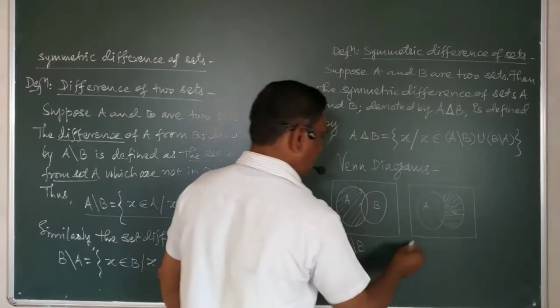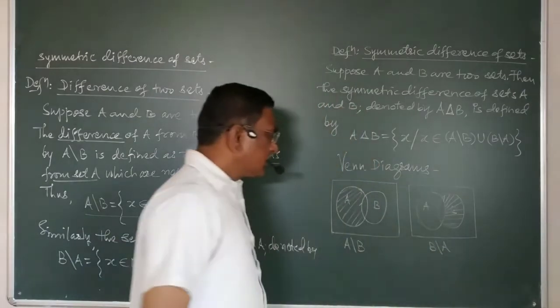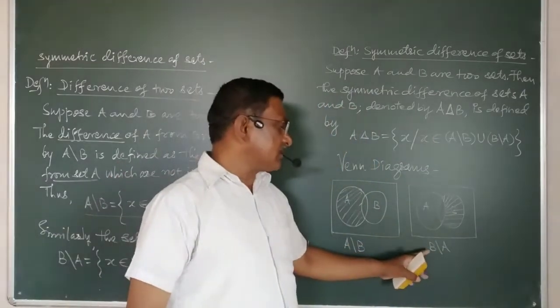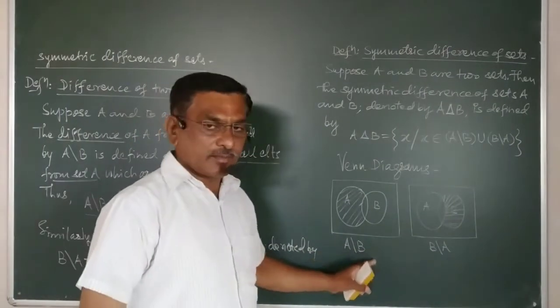This is B slash A, the set difference of B from A. This is the set difference of A from B.